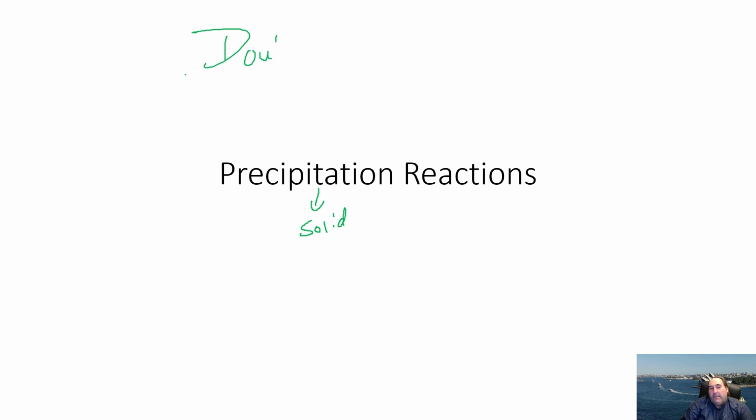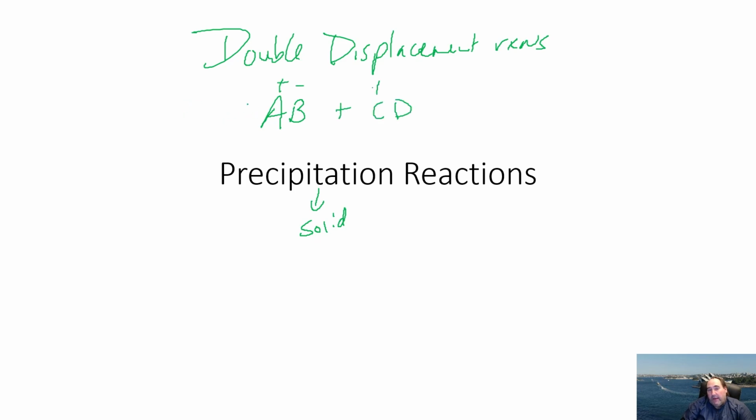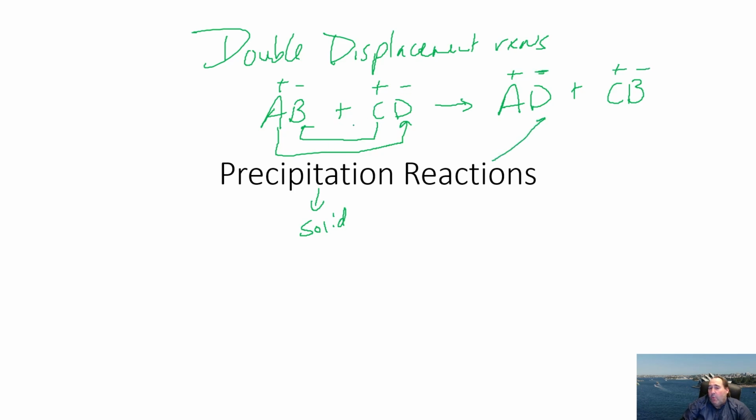These are still double displacement reactions, which means they will have the same setup as we talked about: an ionic compound plus another ionic compound where we switch partners and make 2 new ionic compounds.